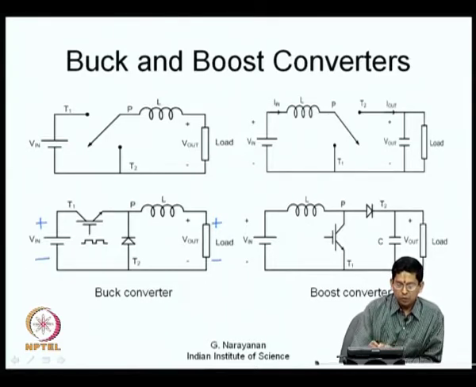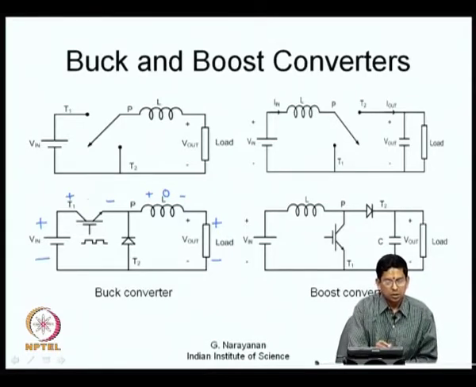Now, the average voltage across the inductor is 0. So, where do you have the average voltage dropping? The average voltage drops across this transistor. Whenever the transistor conducts, ideally the drop is 0. Whenever the transistor is blocking, the polarity of voltage is as indicated here: the collector is positive with respect to the emitter, and therefore the average voltage also has the same polarity.